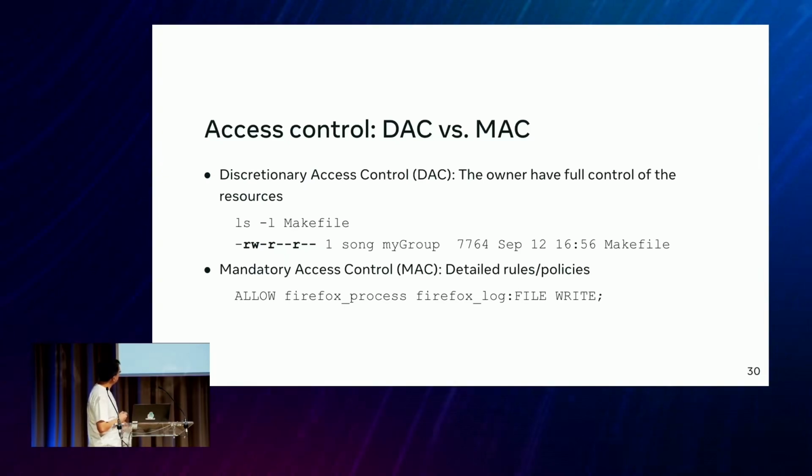For example, this makefile is owned by me, and I control who can read, write, or do things with my file. The other end is mandatory access control, which contains detailed rules and policies. For example, in here, the Firefox process has access to my Firefox log file, and Firefox has write permission to my file.